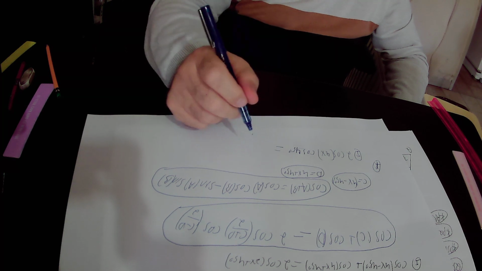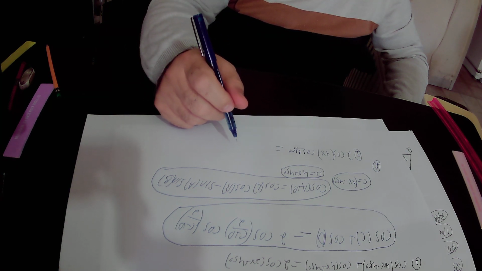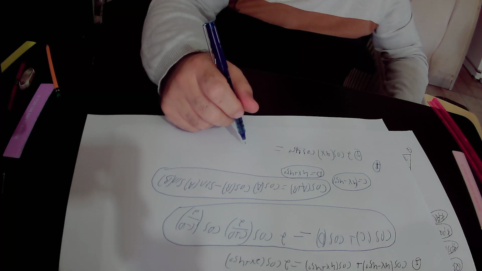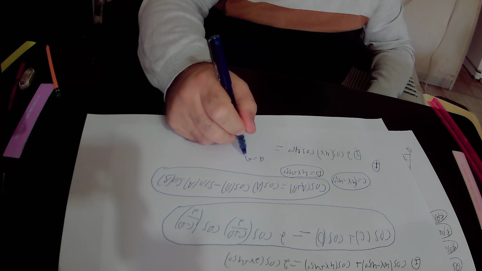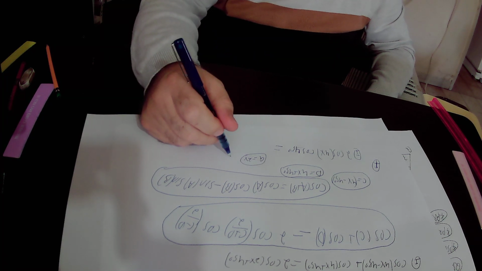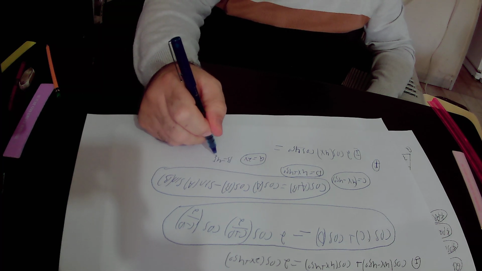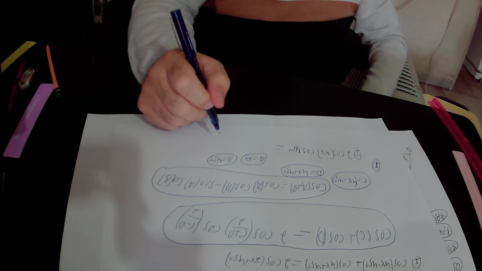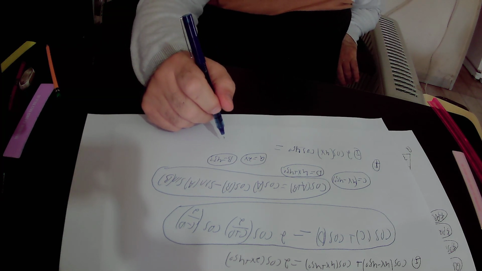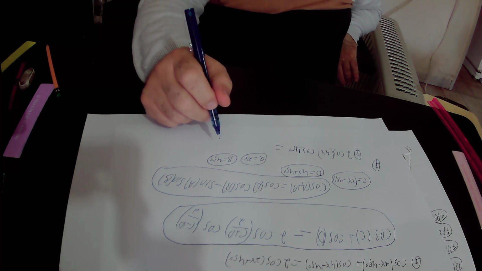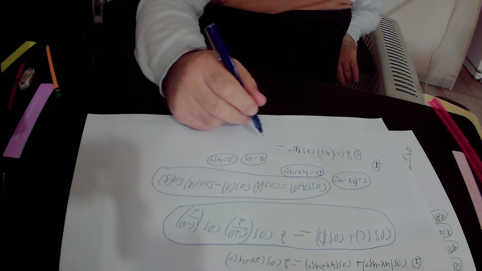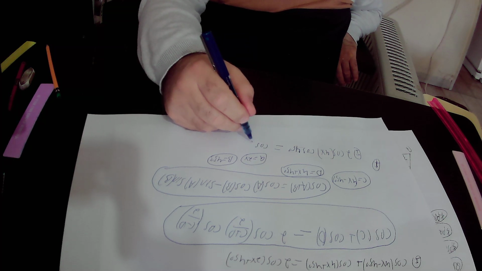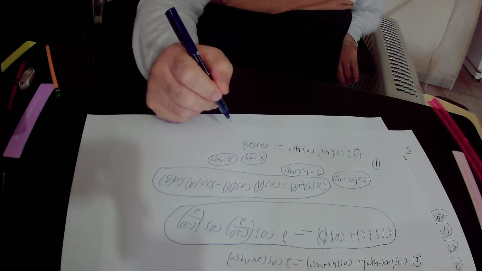And it equals 2 cosine 2x plus 45 degrees. Here a equals 2x and b equals 45 degrees. So 2 cosine 2x plus 45 degrees, according to this trigonometric identity, will be equal to cosine a, and a is 2x, so it is cosine 2x times cosine b.